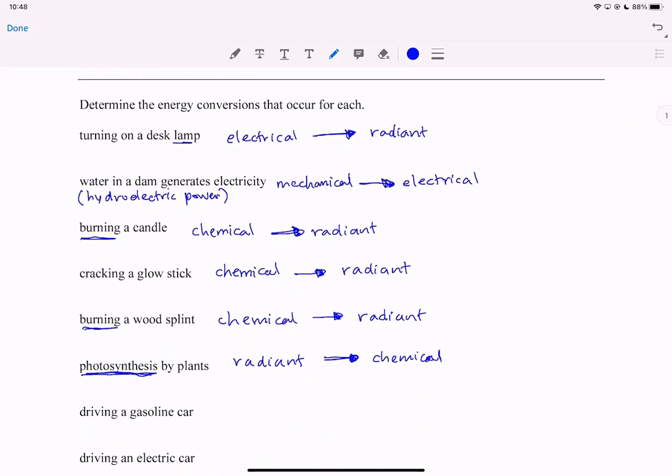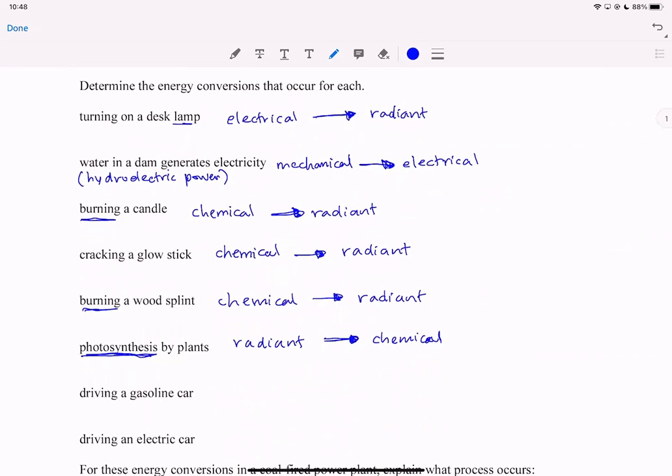How about when you drive a car that is powered by gasoline? First of all, we know that the gasoline is being burned in a combustion reaction. When you have a combustion reaction, that's chemical energy. There are bonds broken and new bonds formed.